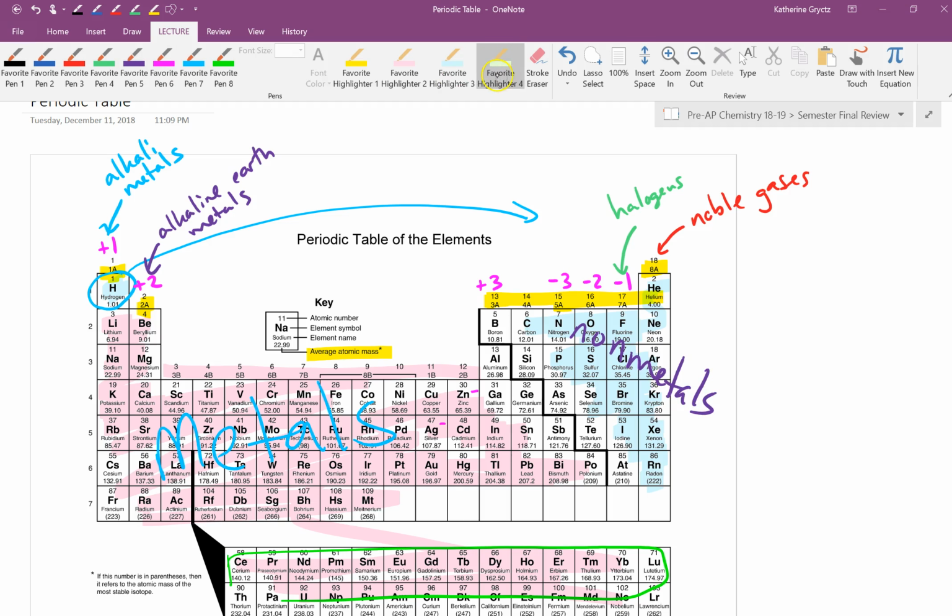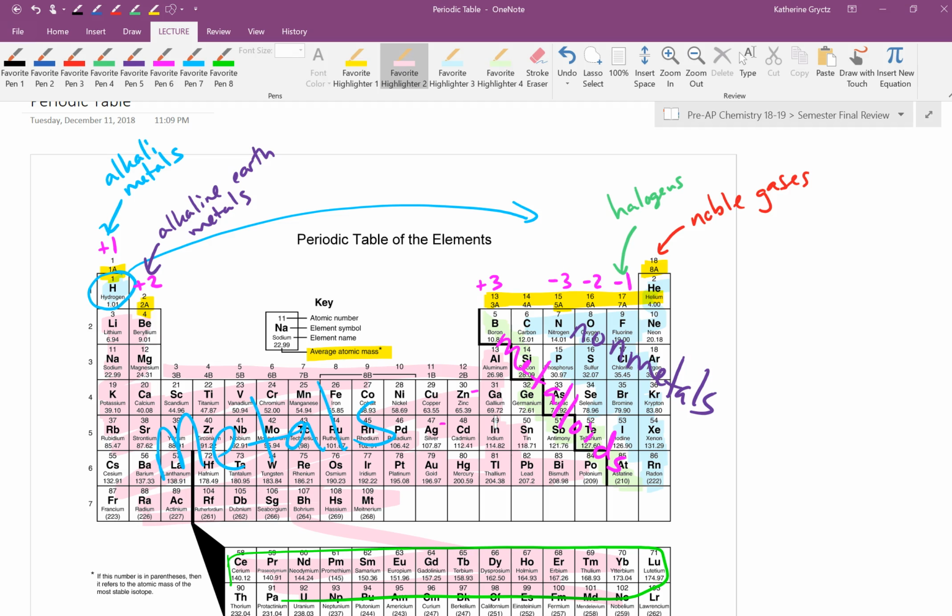And then the things touching the staircase, those are your metalloids. Okay, aluminum, you do have to know aluminum is a metal, not a metalloid. Okay, but most of this periodic table is metals.